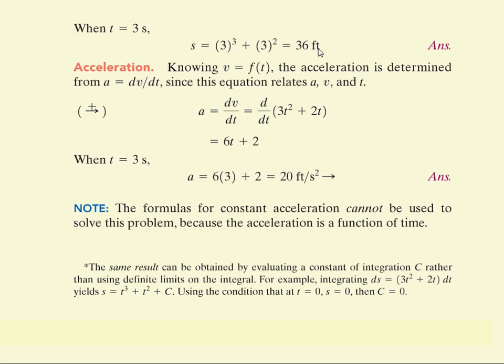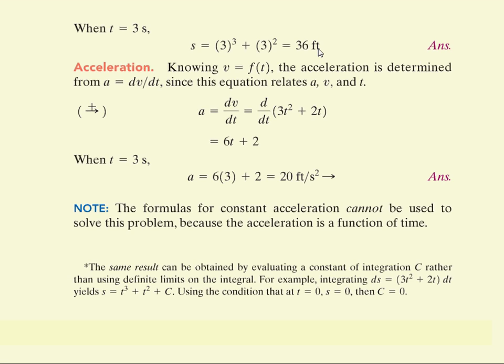So dv/dt is the acceleration. Since the equation relates a, v, and t, the acceleration is dv/dt. This is equal to dv/dt of the function that we have, 3t squared plus 2t.